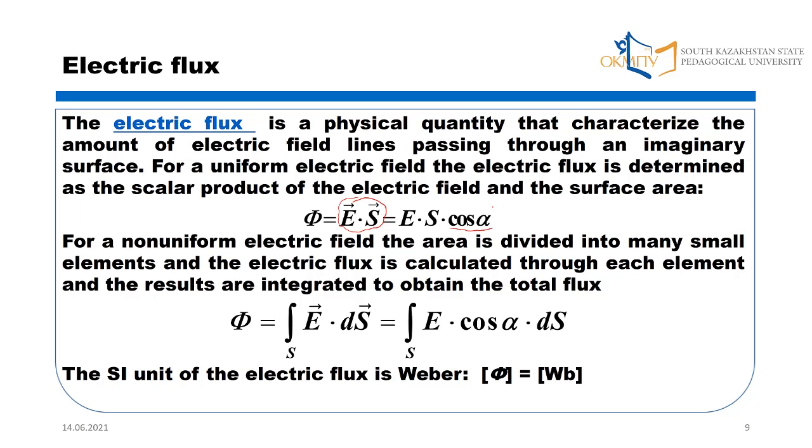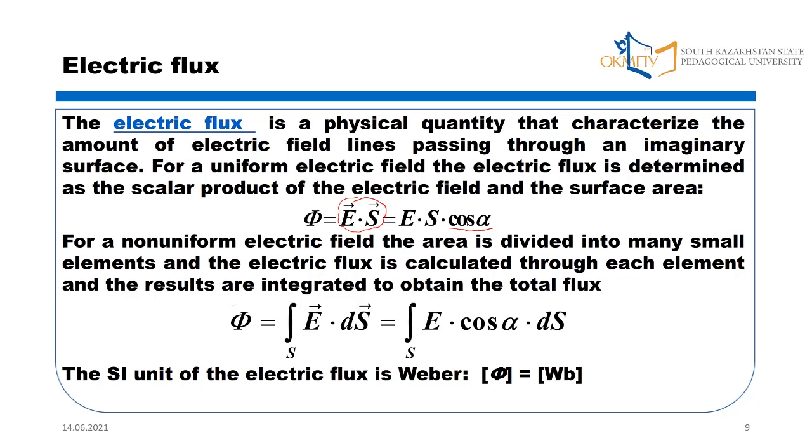For a non-uniform electric field, the area is divided into many small elements, and the electric flux is calculated through each element, and the results are integrated to obtain the total flux.